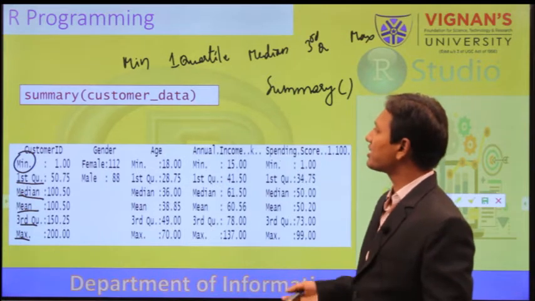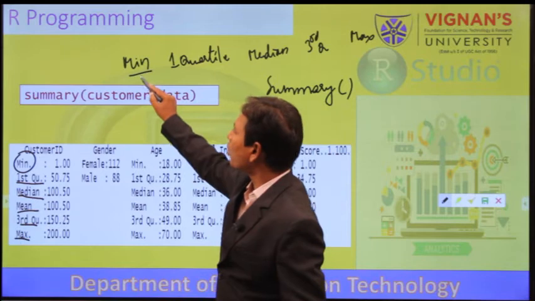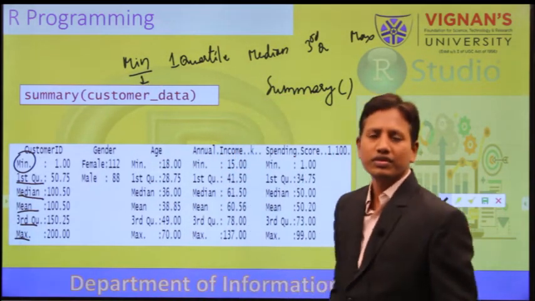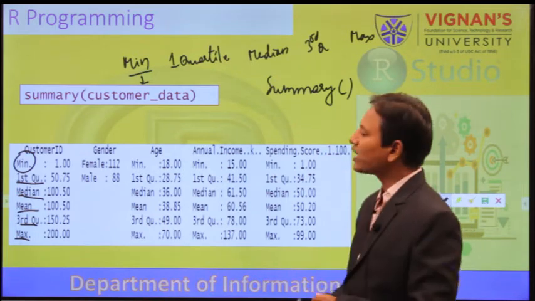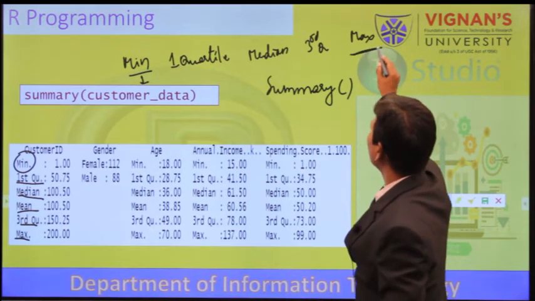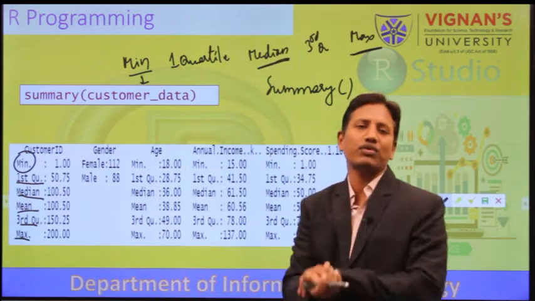By this, what we can understand is what the minimum value in that column is, and what the max value in that column is. And the median is going to give us the center value.